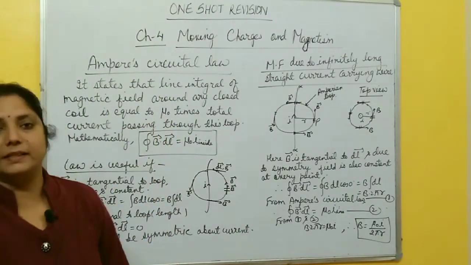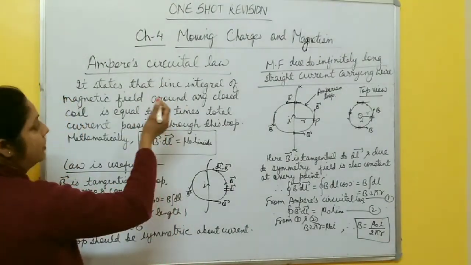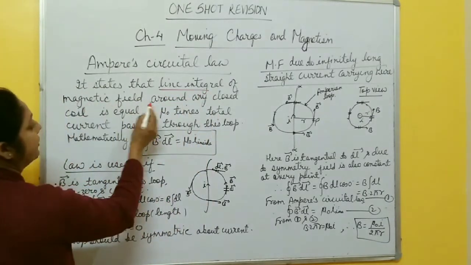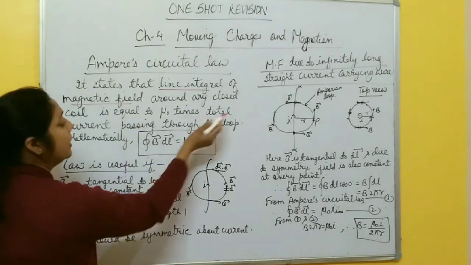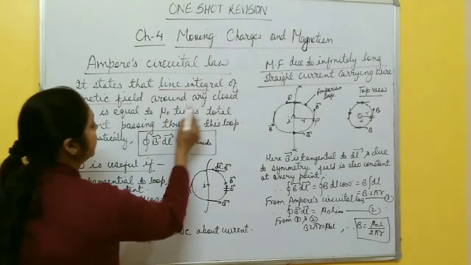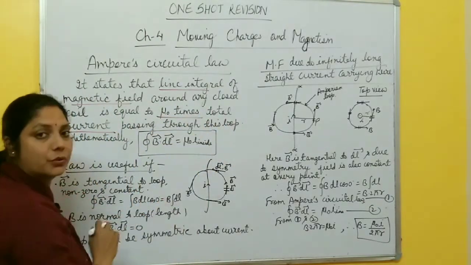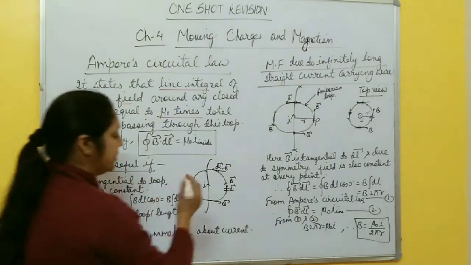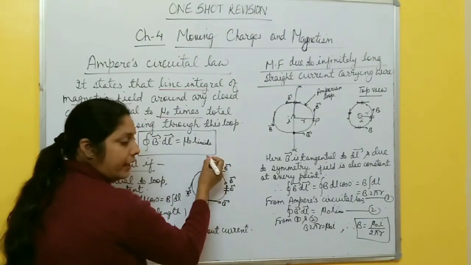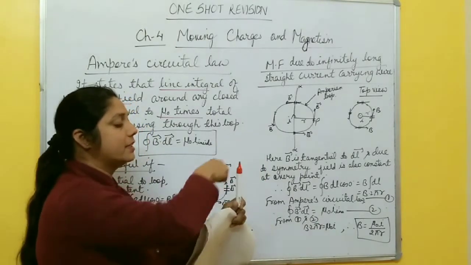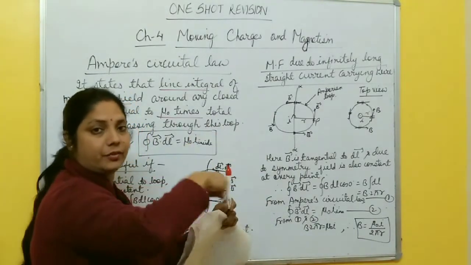In the same way, in place of Gauss's theorem in electric field, here I am using Ampere's Circuital Law in magnetism, right? So according to this law, the line integral of magnetic field around any closed loop is equal to mu naught times the total current passing through this loop. Suppose this is a current carrying wire, and you know around a current carrying wire there is a magnetic field, right?